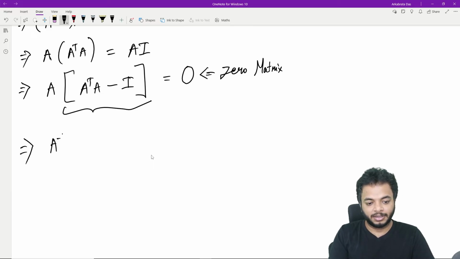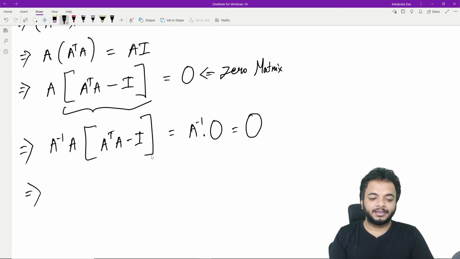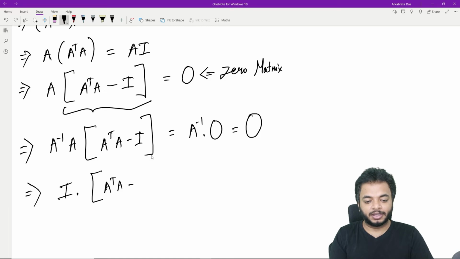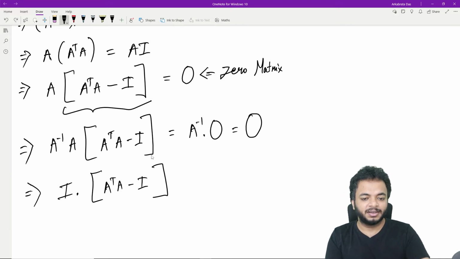So A inverse times A transpose A minus I is equal to A inverse times the zero matrix, which is again the zero matrix, and A inverse A becomes the identity matrix I, times A transpose A minus I. If you are proving this in general, let's take I to be any, or in our situation A is 2 cross 2, so let's take 2.